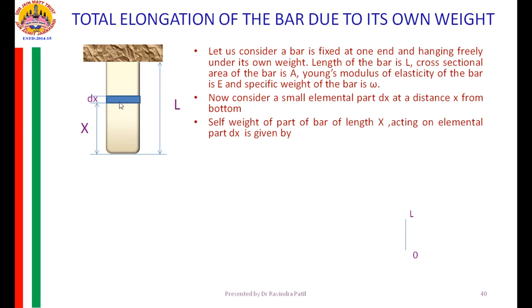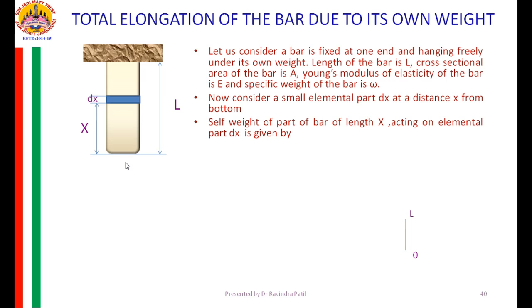If I am able to calculate the weight of this bar, then I can get the bar subjected to the load of self weight of that part. If that is the case, I know how to calculate the deformation of that particular part.